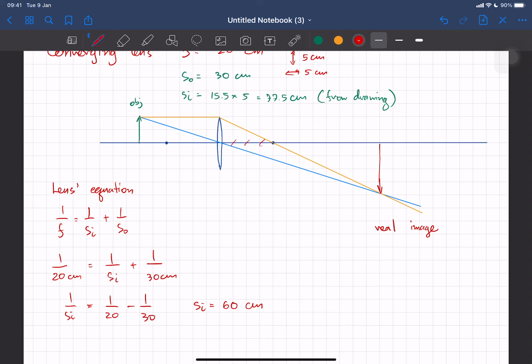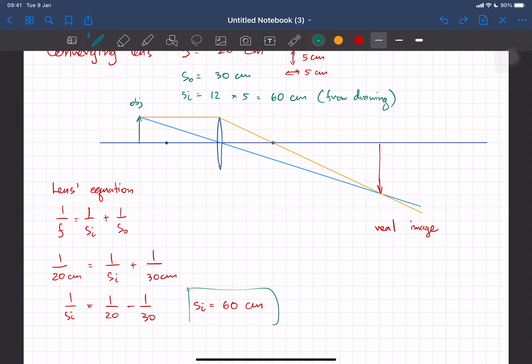It's 1, 2, 3, 4, 5, 6, 7, 8, 9, 10, 11, 12. Right. So it's 12 grids times 5, and that happens to be roughly about 60, which is what we calculated here.